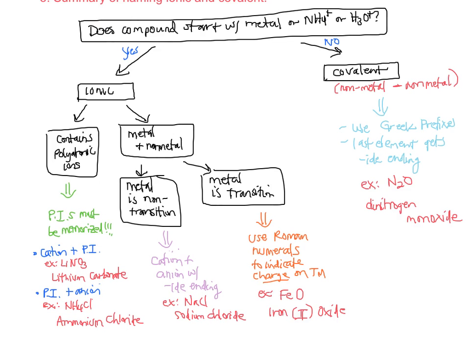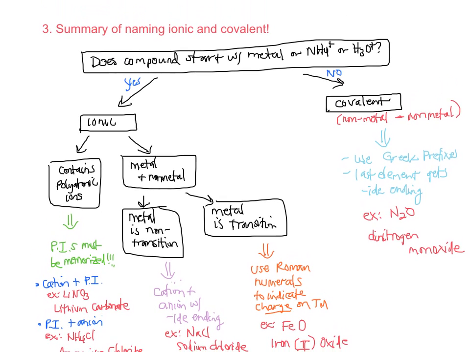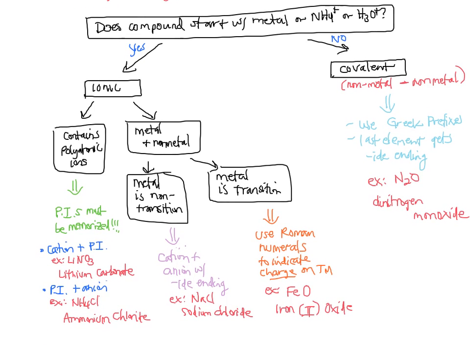Okay, and lastly, we're going to summarize how to name both ionic and covalent compounds. So I made a little table. You'll probably want to write this down. So we've got, does your compound start with a metal or these 2 polyatomic ions? If you say yes, then we're talking an ionic compound.